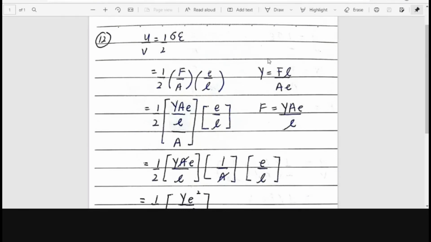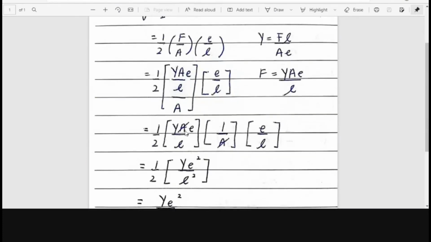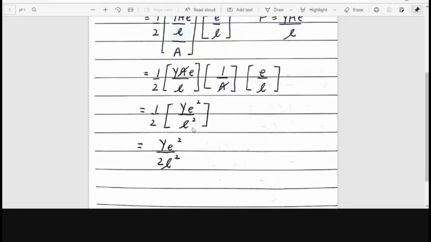So kita susun jadikan F as the subject, and then kita substitute dalam formula ni. Lepas tu susun A boleh cancel, and then darabkan dapat Y E squared over L squared, and last kali dapat Y E squared per 2 L squared.